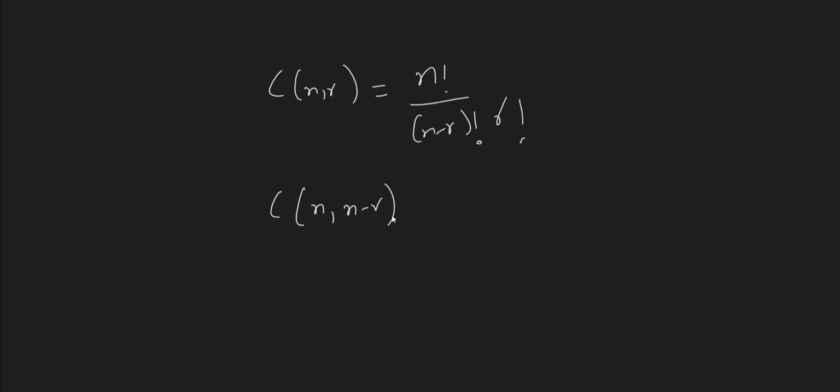Using this formula, what we'll obtain is n factorial divided by (n minus r) factorial times, for r we have n minus r, factorial.